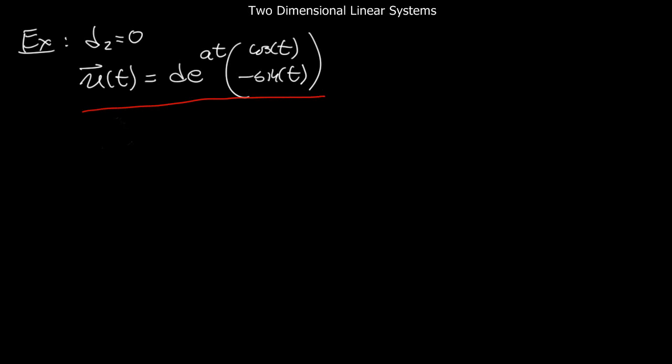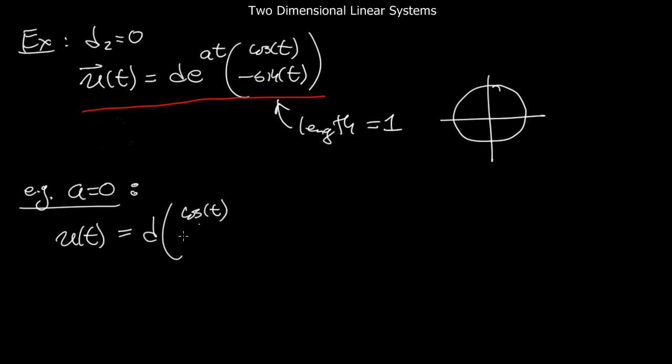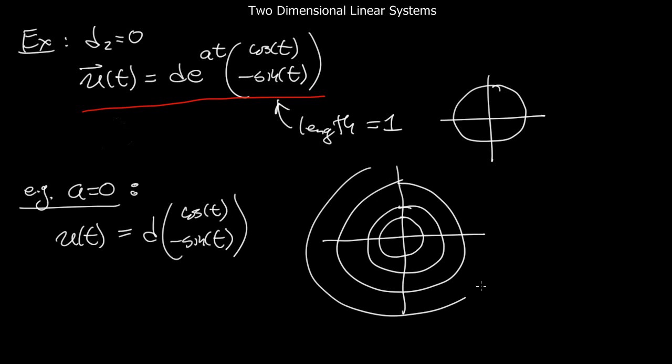And notice that this vector here has length 1. Cosine squared plus sine squared is equal to 1. And so that's on a circle, and the radius of the circle depends on d. If a was 0, for example, then you'd just be getting d times (cosine t, sine t), a family of circles parameterized by d.